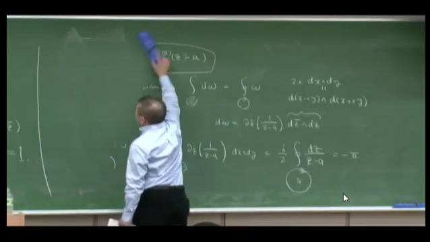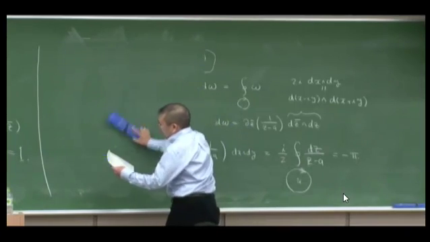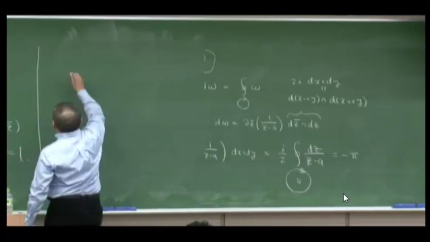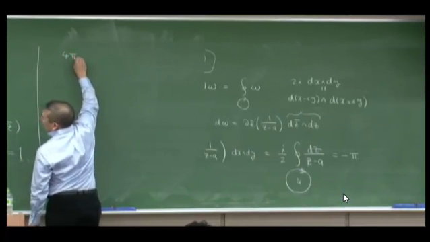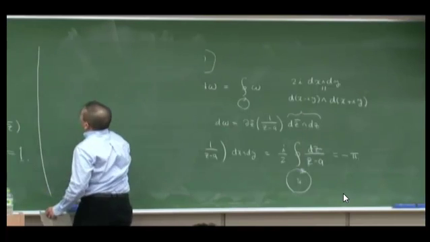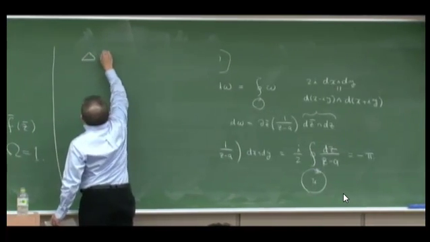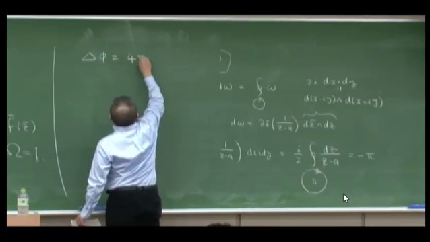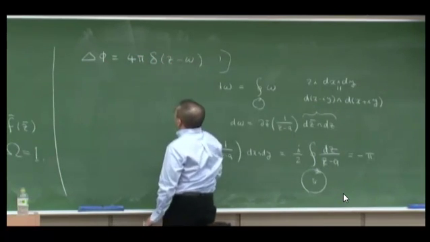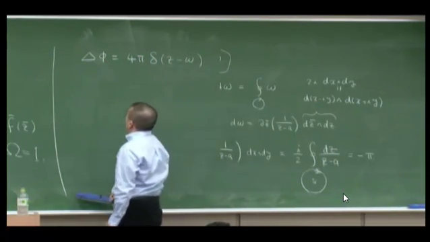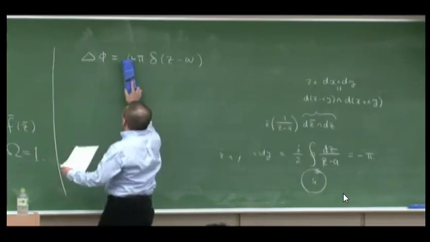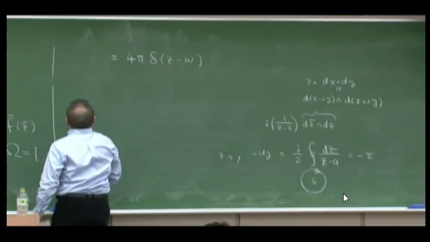Namely, suppose, for example, we want to solve the following equation, that delta of phi is equal to 4 pi delta of z minus w, for example. Let's call that a Green function.